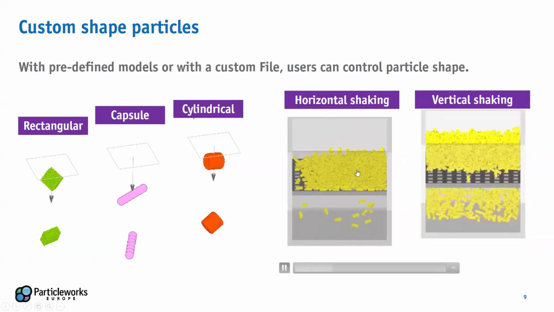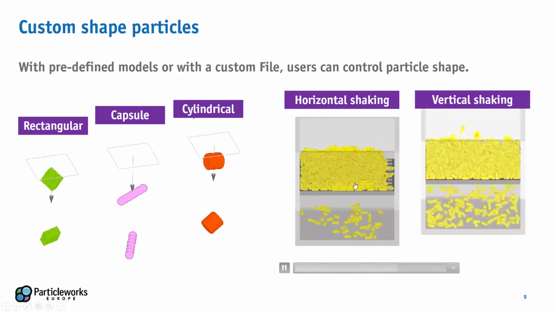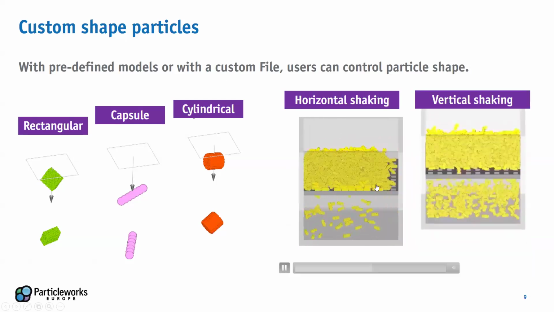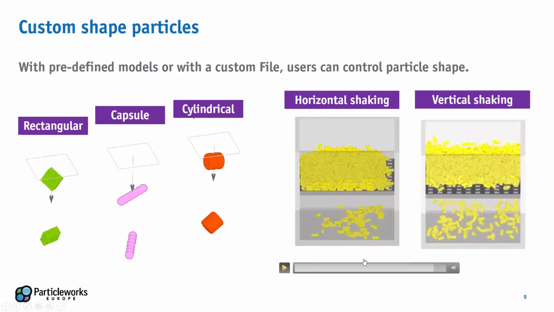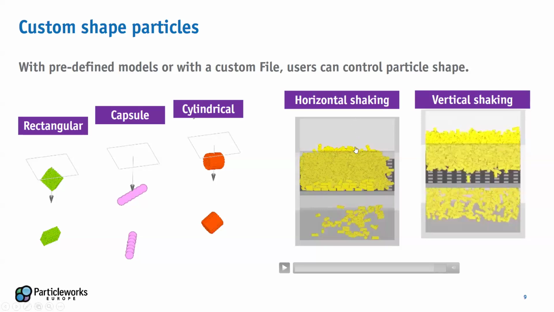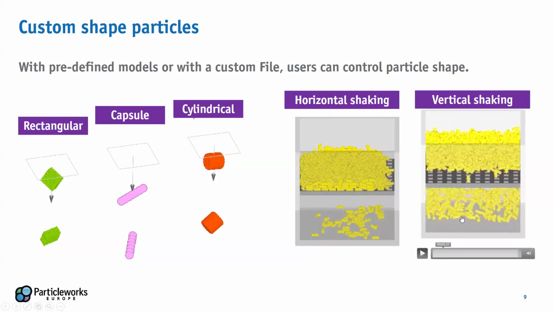As you can see here, of course, the particle dimensionality effects are important for this kind of shaking behavior in horizontal shaking, because the particles are elongated in this direction. They don't flow through that easily, while with vertical shaking, we can see that there is a greater flow to the bottom side.